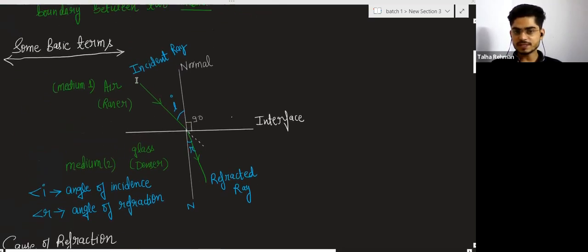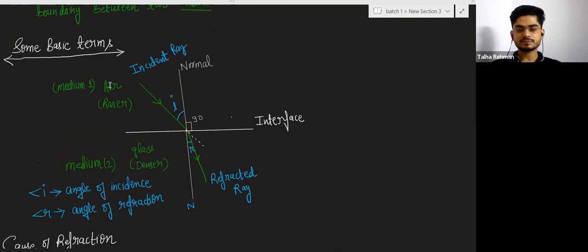So incident ray is the ray which is incident on the interface from the medium 1, here you can see, and when it enters into the medium 2 it bends towards the normal, or it can bend away from the normal also depending upon the medium.